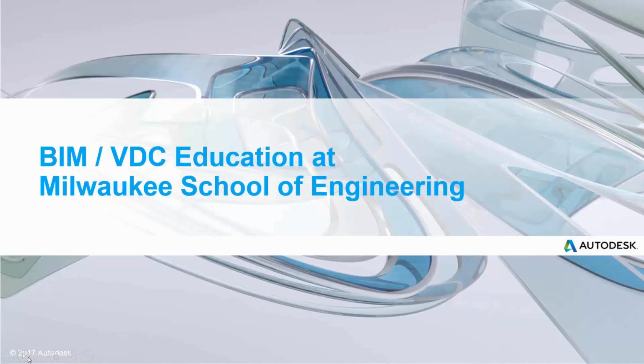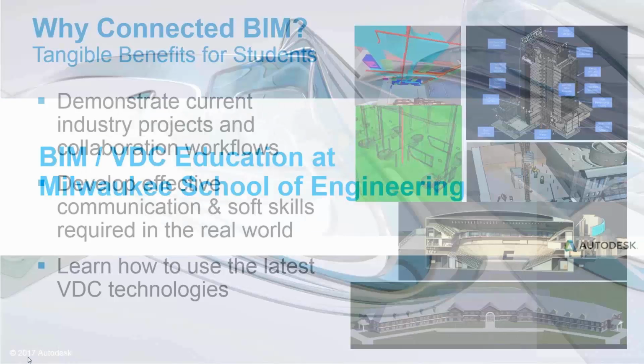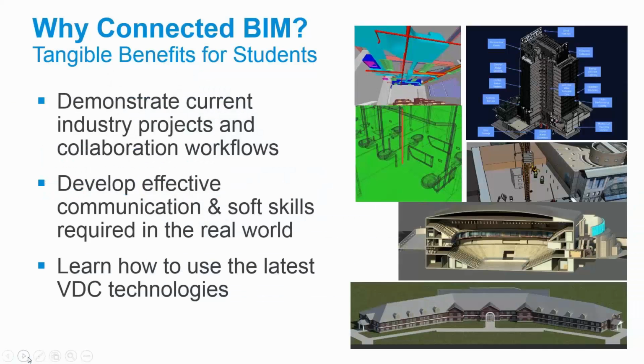Let's talk about BIM and VDC education at Milwaukee School of Engineering. First of all, why connected BIM? Here are some tangible benefits of using connected BIM for our students. The use of connected BIM helps the students demonstrate current industry project and collaboration workflows. Currently, there are a lot of construction companies using cloud-based applications to work with the extended project team members.